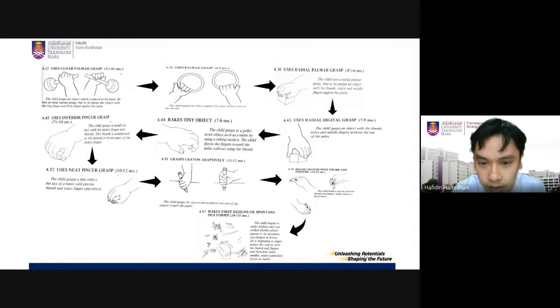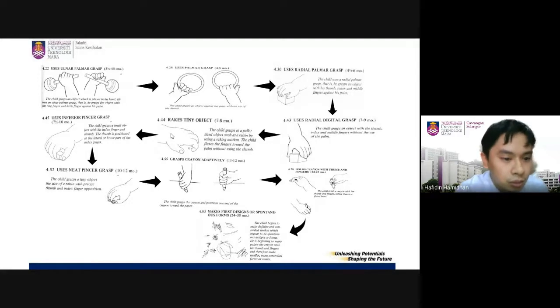Kemudian gambar yang seterusnya untuk perkembangan umur 7 hingga 9 bulan, yang mana kanak-kanak boleh grasp objek menggunakan hujung jari dia. Dia dah tak lagi grasp dengan menggunakan permukaan tangan. Seterusnya pada umur 7 hingga 8 bulan, kanak-kanak tersebut sudah boleh menunjukkan perkembangan motor halus, yang mana dia boleh grasp objek yang kecil seperti kismis menggunakan jari dia, tapi cara grasp tu menggunakan palmar grasp, yang mana dia grasp dekat permukaan tangan dia, bukan dekat hujung jari.